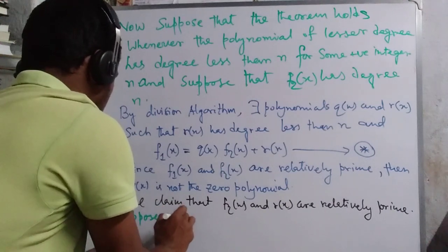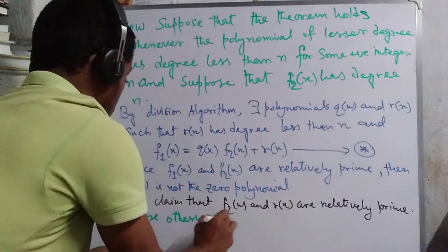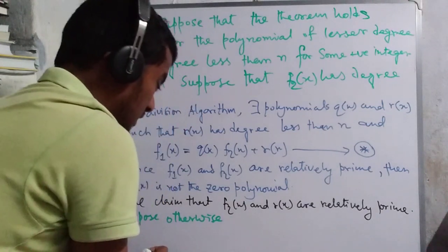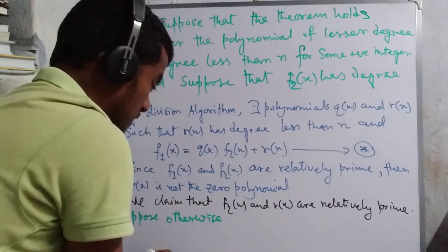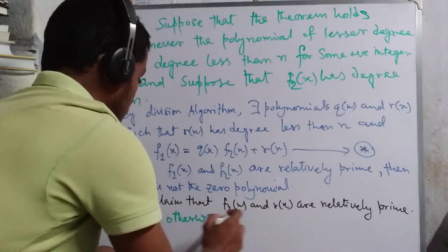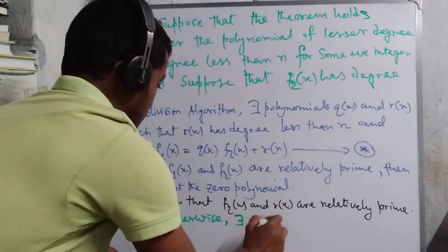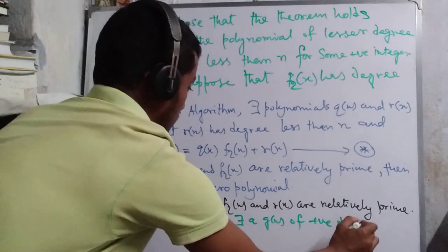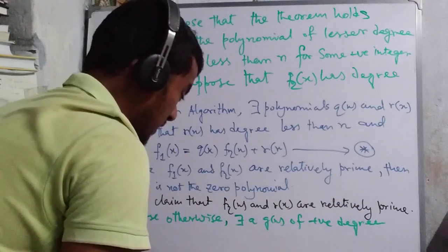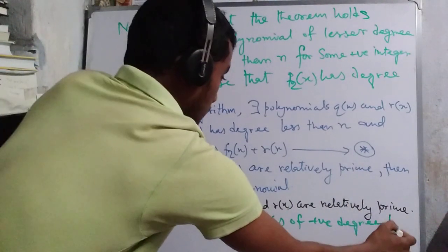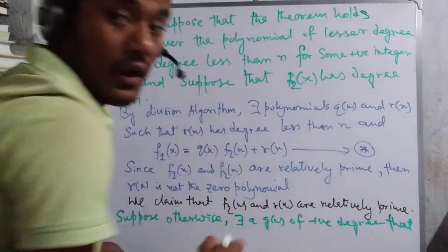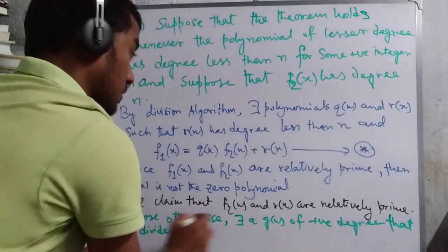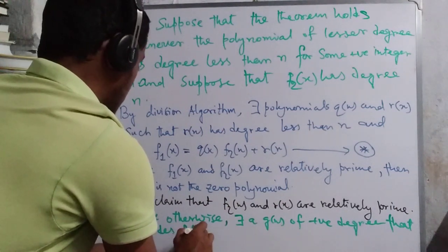Then there exists a g(x) of positive degree that divides both f2(x) and r(x).